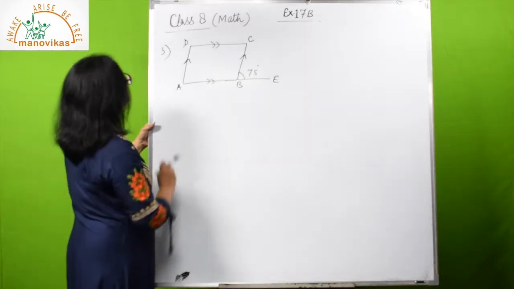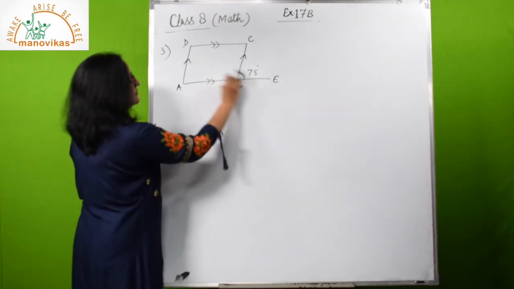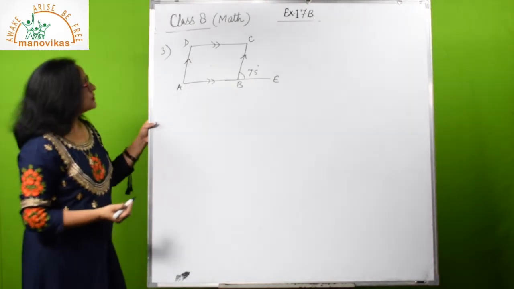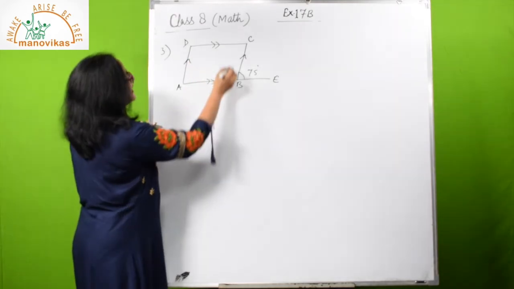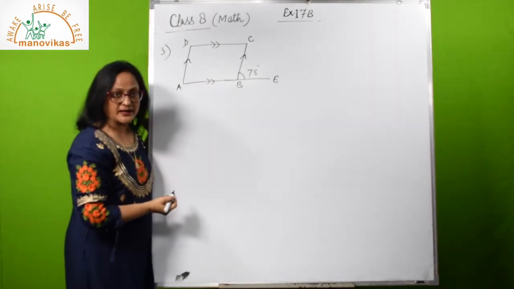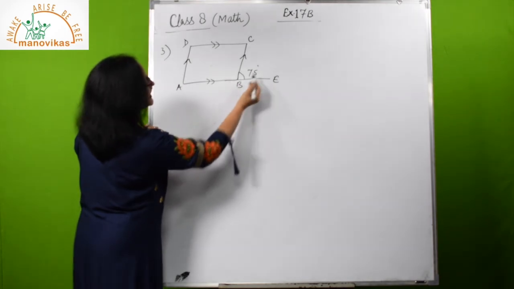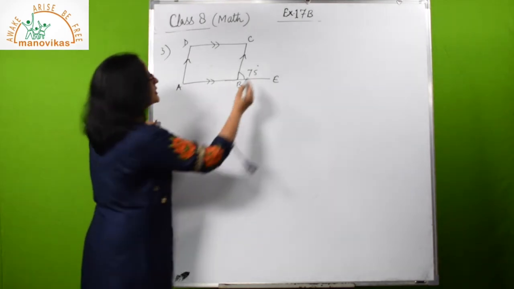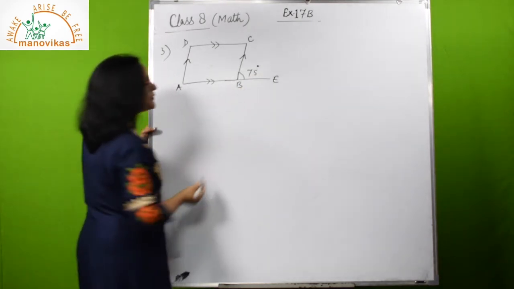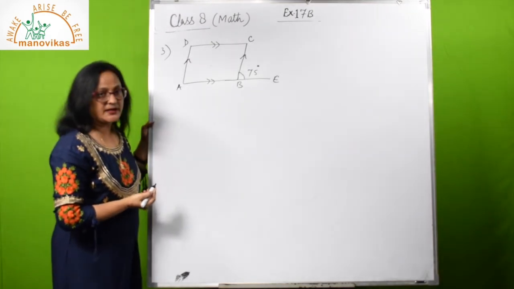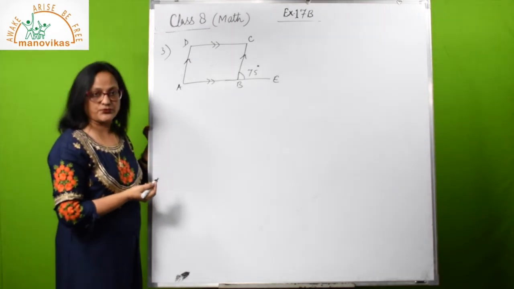Now this is question number 3. ABCD is a parallelogram and here the angle is given as 75 degrees. So you can see in the parallelogram you are not given any angle, but here the exterior angle measure is given as 75 degrees. So in the beginning, as I told you, you have to make the connection between the angle given and the angle that is to be found.